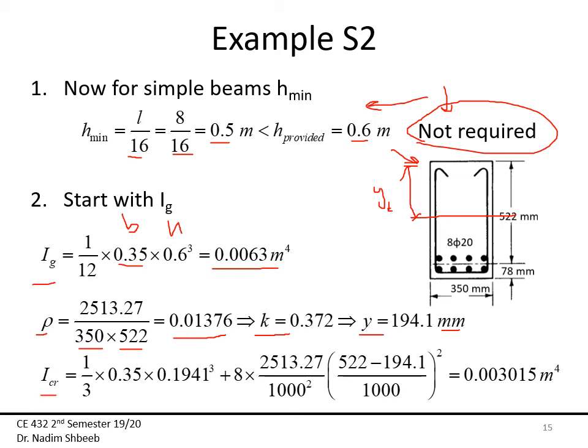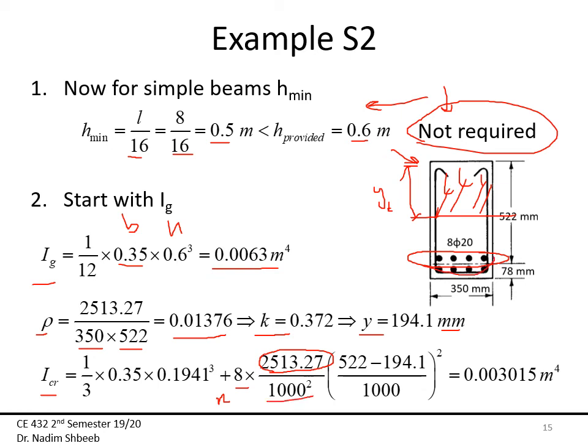The cracked moment of inertia is simply 1/3 B H cubed, okay, this part, plus 8, which is my N, which is again the modulus of elasticity of steel over concrete. This is my area of steel, so I'm taking the full 8.